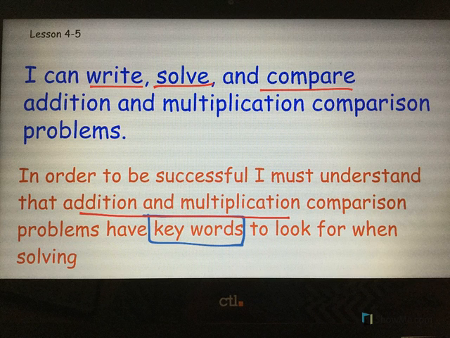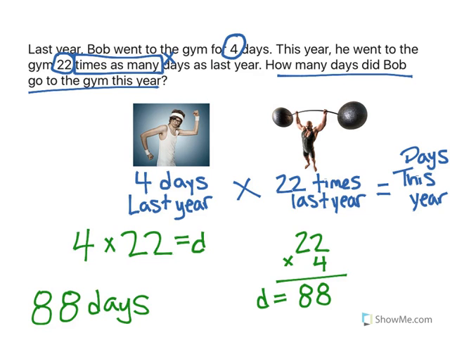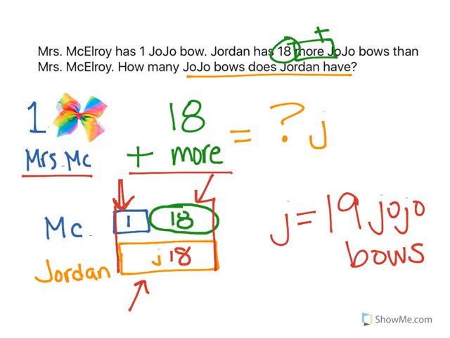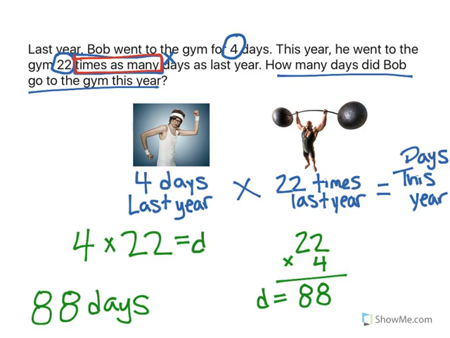So Mrs. McElroy has 1 here, and 18 more will get you the same amount as Jordan would have. In this case, 1 plus 18, Jordan has 19 jojobas. In real life, she probably has a lot more than that.